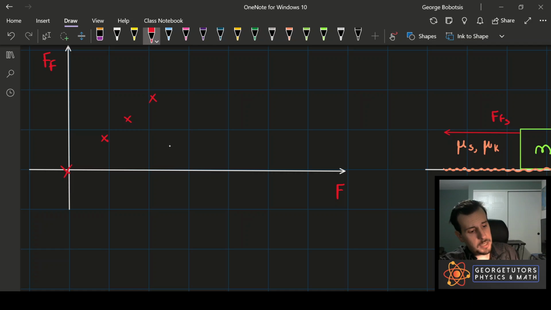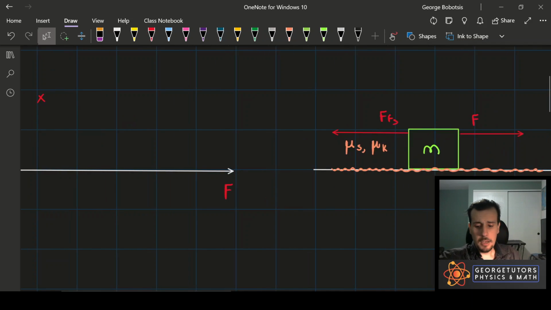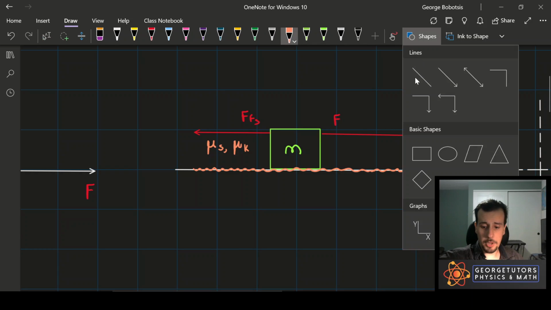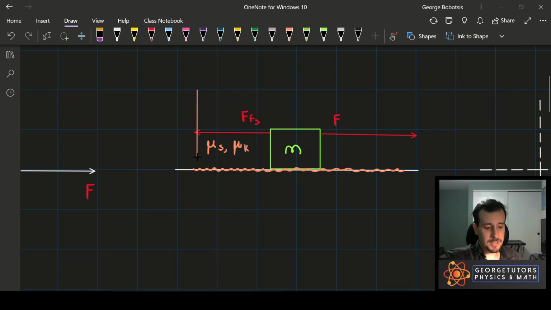And then eventually we hit some kind of maximum where if I exceed this maximum, if I make the force bigger, this static friction can no longer support me, ergo I start to move and a different kind of friction applies to me. So once I cross this barrier, let's say that barrier for us is right there.